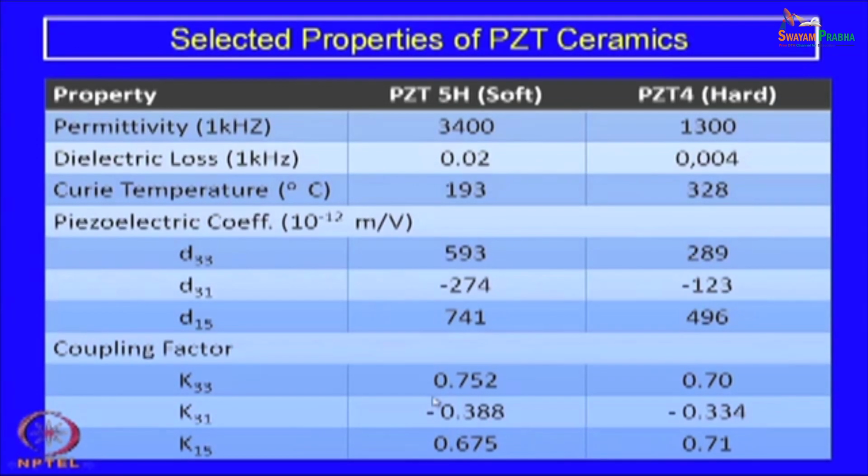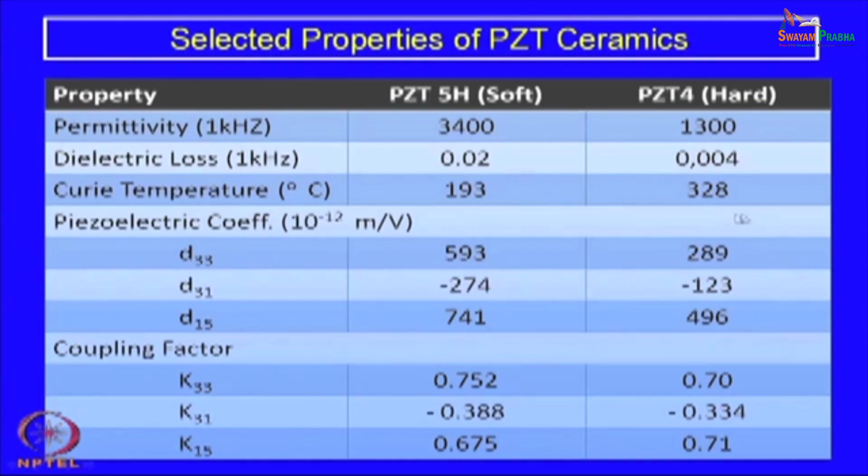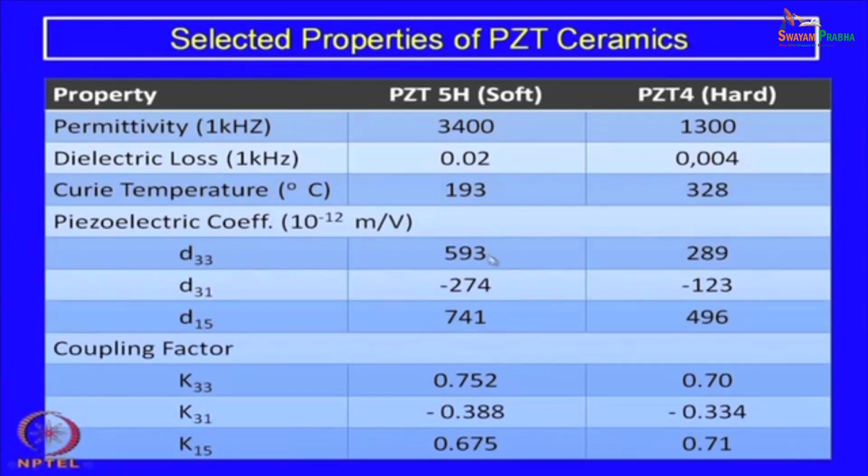So, these are more or less comparable, but the most important thing is their coupling coefficients are quite different, and the Curie temperatures are quite different. In addition, of course, the permittivity, that is the dielectric constant, is also quite different. So, you have 2 different industrial standards, depending on their composition and their microstructure. For different properties, you can vary the property to some extent.